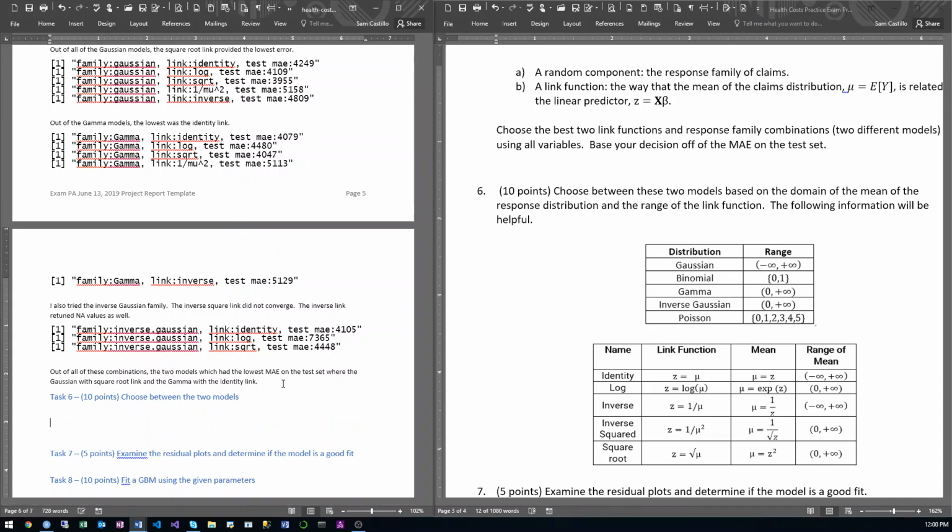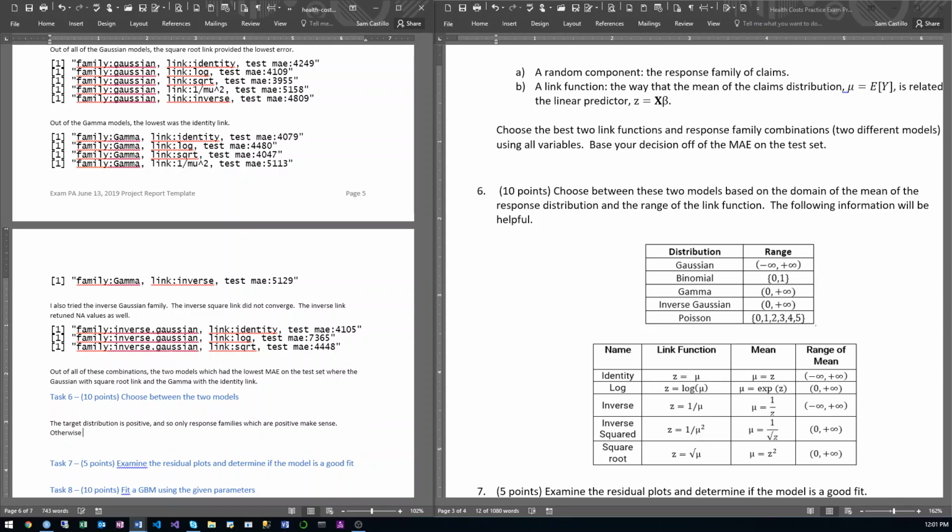So the target distribution is positive, and so only response families which are positive make sense.